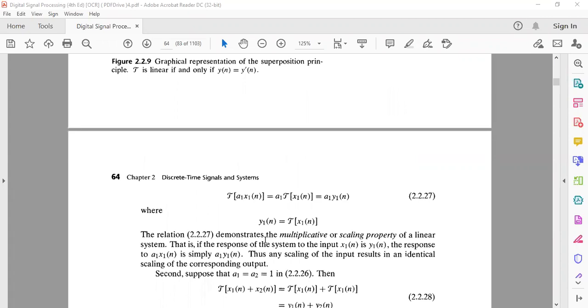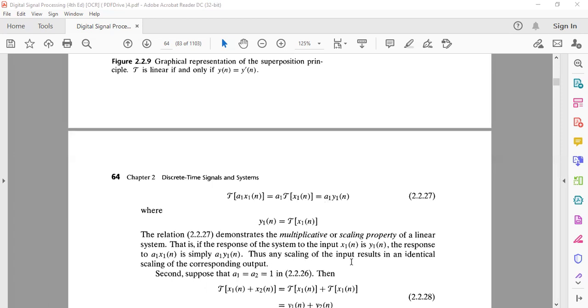If a system satisfies the superposition principle, then it is said to be linear. This relation demonstrates the multiplicative or scaling property of a linear system. If the response of the system to the input x1 is y1, the response to a1 x1 is simply a1 y1, because a1 is just a scalar.